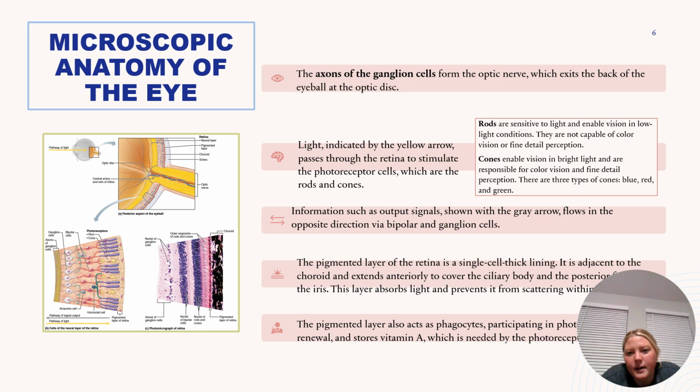The pigmented layer also acts as phagocytes, participating in the renewal of photoreceptor cells. It also stores vitamin A, which we need for the photoreceptor cells to function correctly. The overall process of vision involves this complex interplay of the various components that I just mentioned.